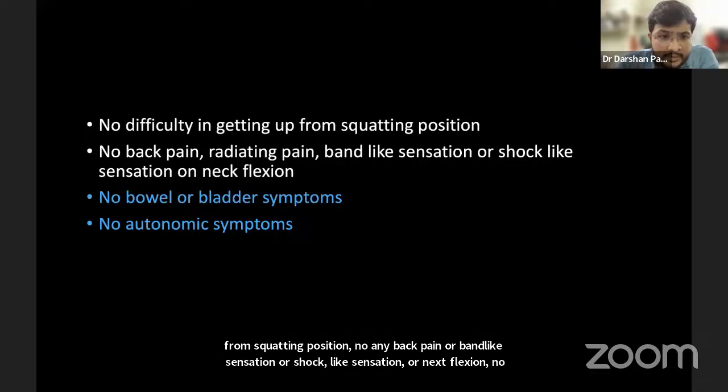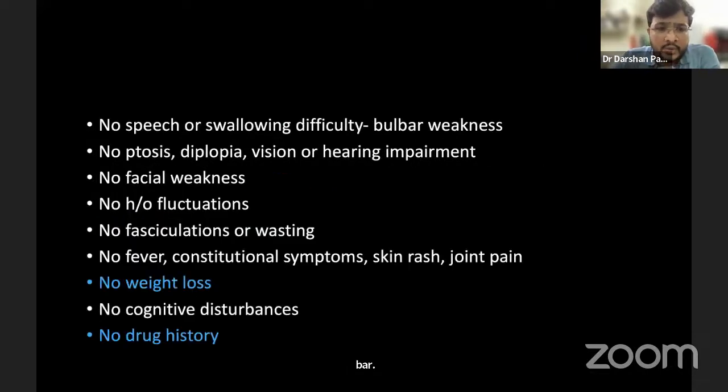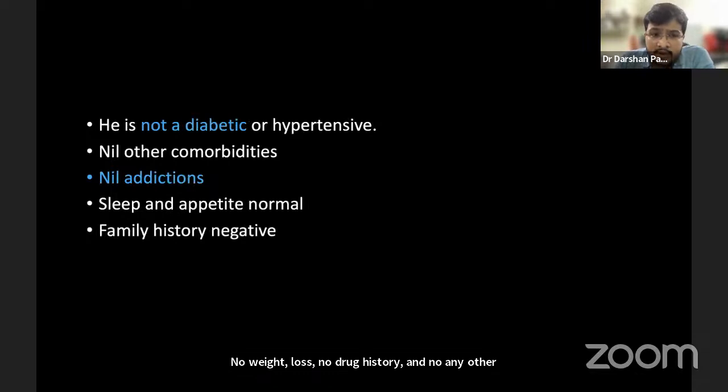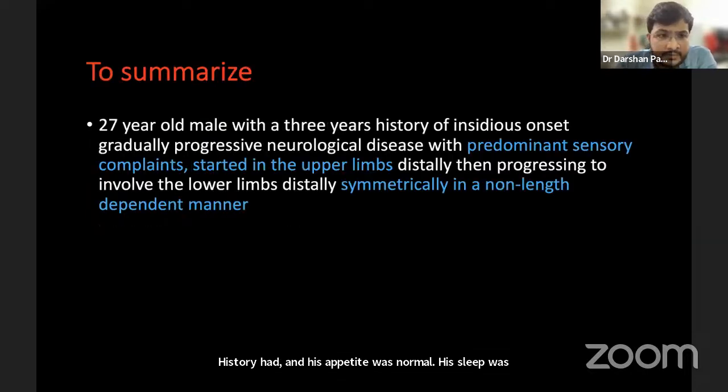There were no autonomic symptoms, no weight loss, no drug history, and no other prominent symptoms. He was not diabetic or hypertensive, had no addiction history, his appetite was normal, and his sleep was unaltered. There was no family history.